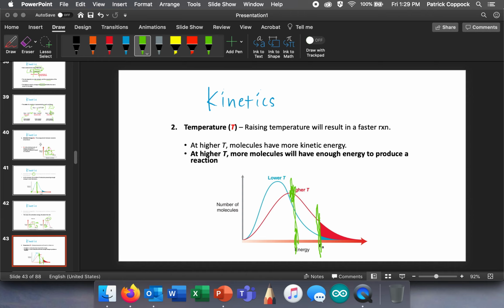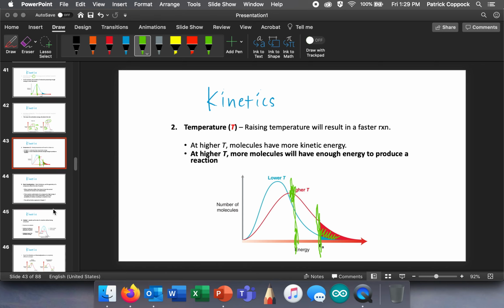Suppose that's an activation energy. As this Boltzmann distribution shifts to the right because the temperature goes up, we're going to have a lot more particles that have the energy to get over the hump.